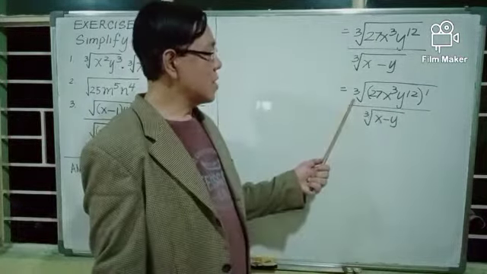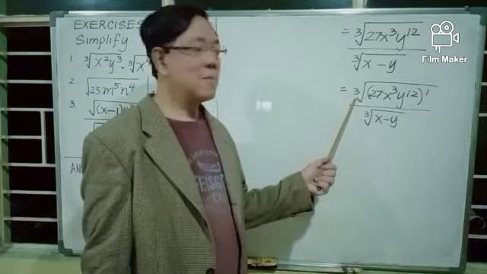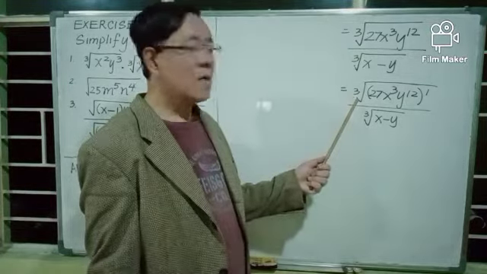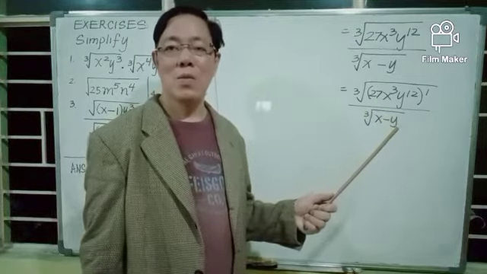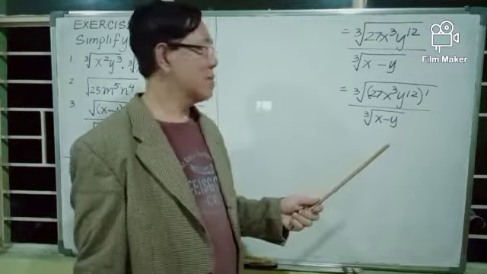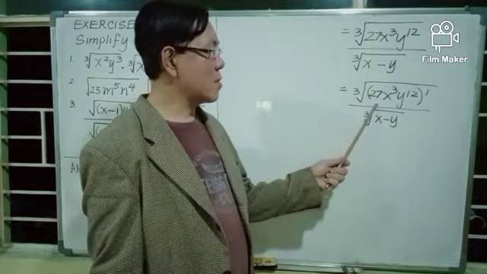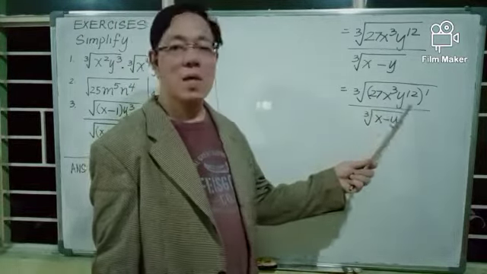Now we apply the property of radicals. The first property: the nth root of a to the m is equal to a to the power m over n, where the base a is 27x cubed y raised to 12.